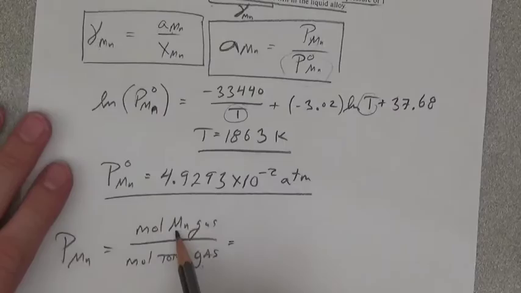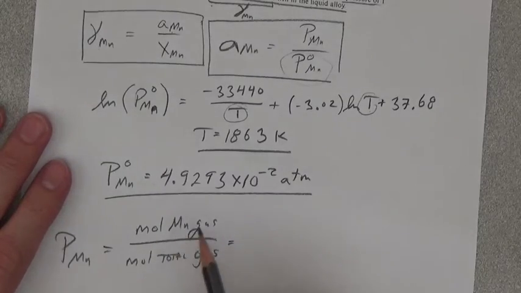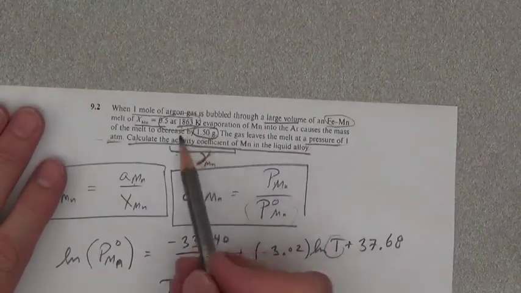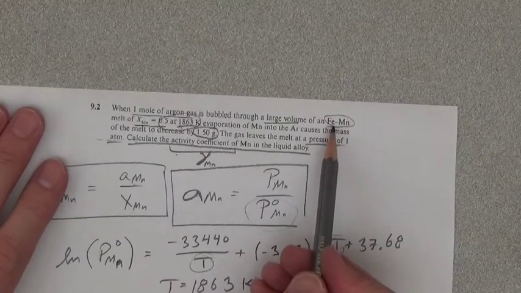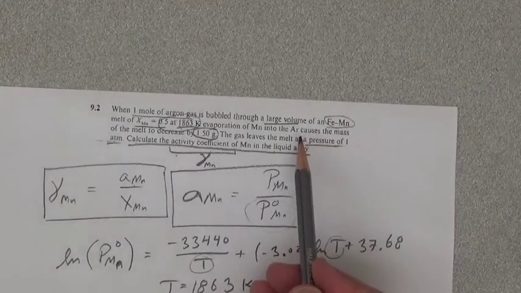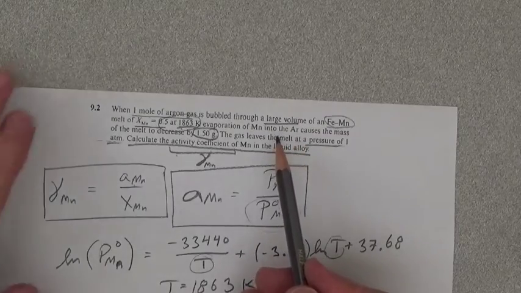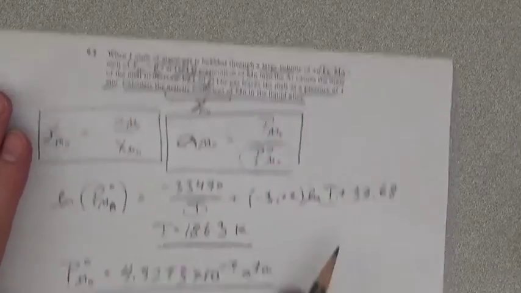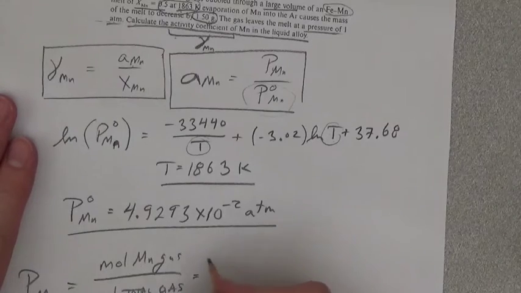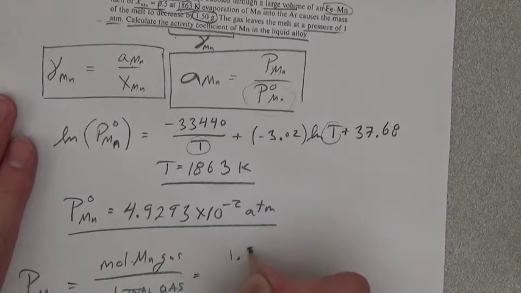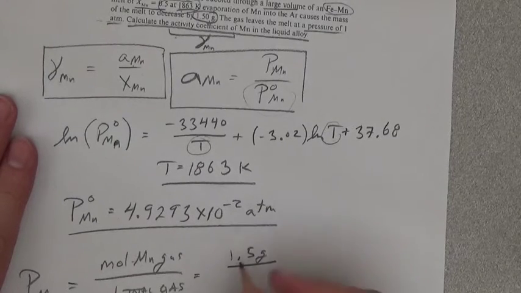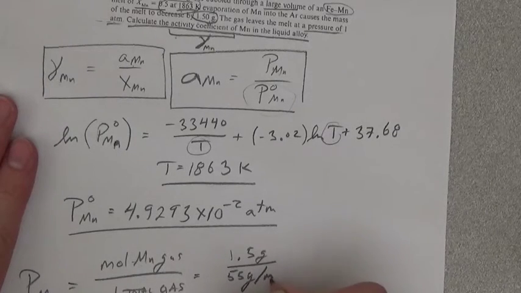So for the total mole of manganese that has been absorbed, we're told that this decrease in the mass of the liquid mixture is due to the manganese evaporating. That tells us that the mole of manganese that goes into gas is 1.5 gram divided by 55 gram per mole.